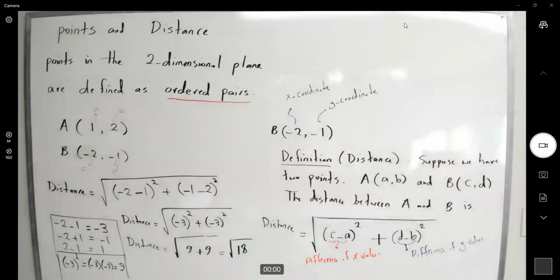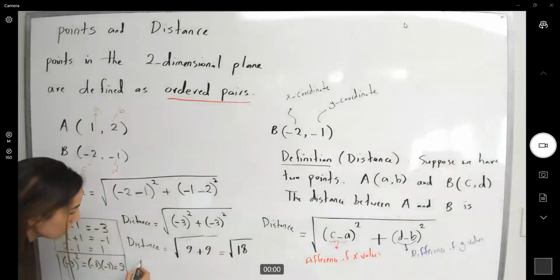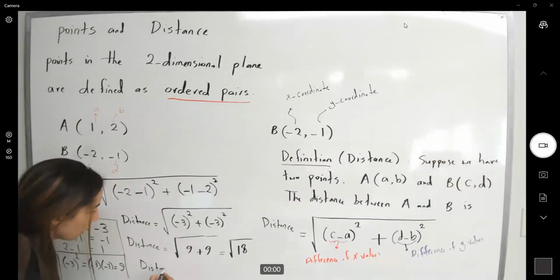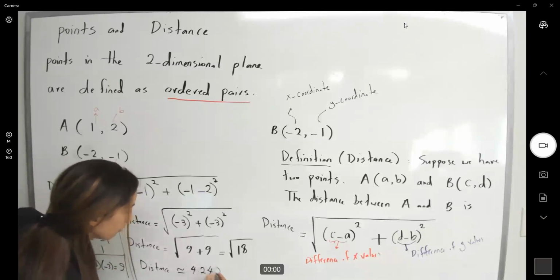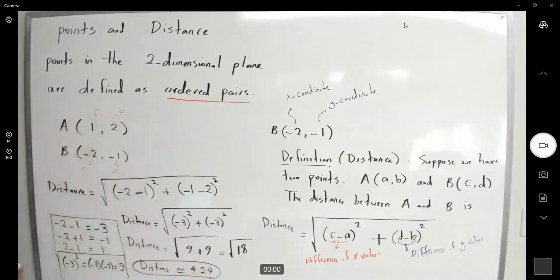So the square root of 18, let us use our calculator, is 4.24, approximately 4.24. So you say that, hey, the distance approximately is 4.24. The distance between these 2 points is 4.24 approximately.